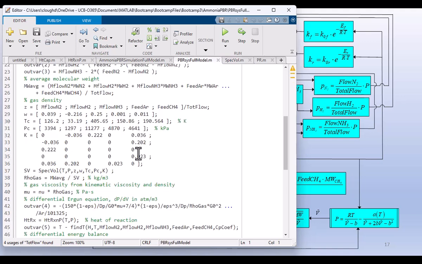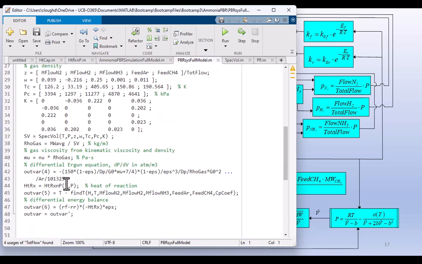Once we have the specific volume down here, then we can get the density of the gas, and we can get the gas viscosity from the kinematic viscosity times the density, and then we can get our derivative of the pressure with respect to volume.